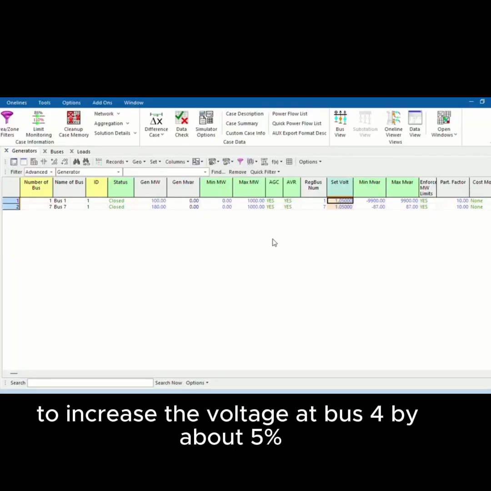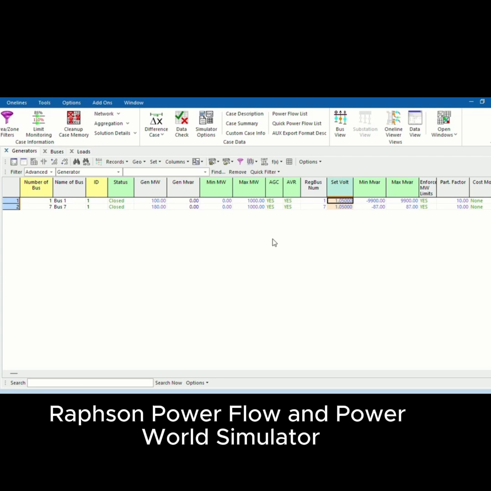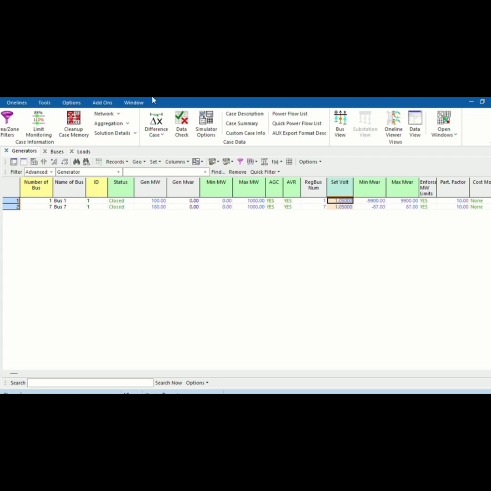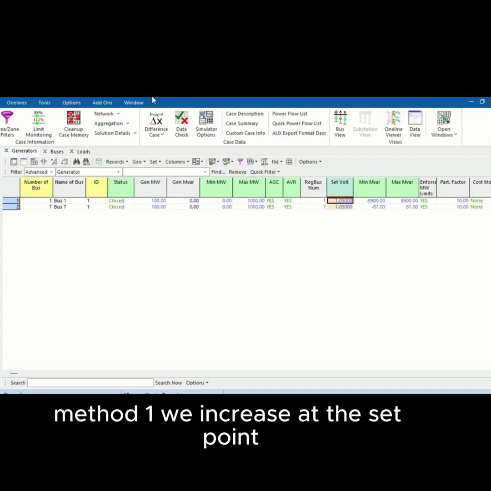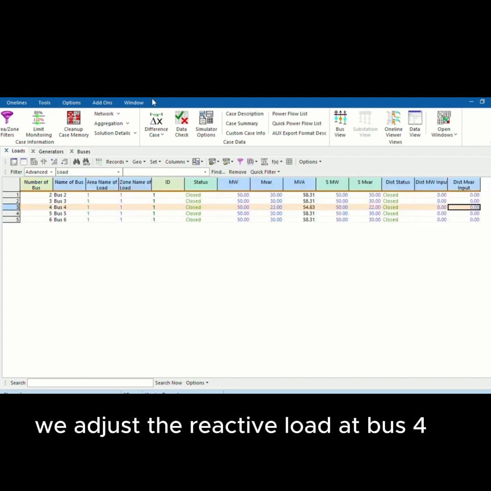To increase the voltage in bus 4 by about 5%, we tested two different methods using the Newton-Raphson power flow and PowerWorld simulator. Method 1, we increased the set point voltage at both generators and we adjusted the reactive load at bus 4.